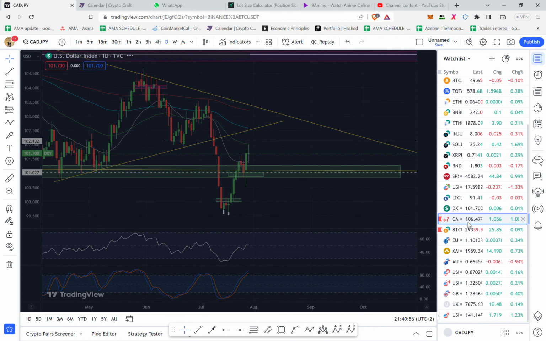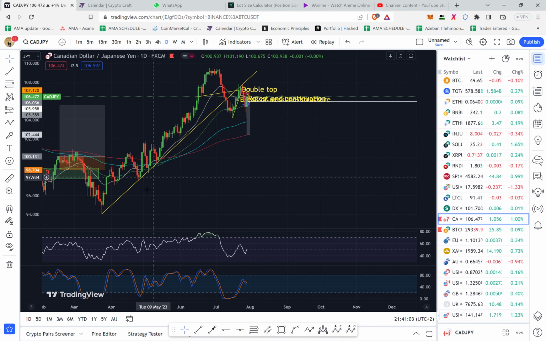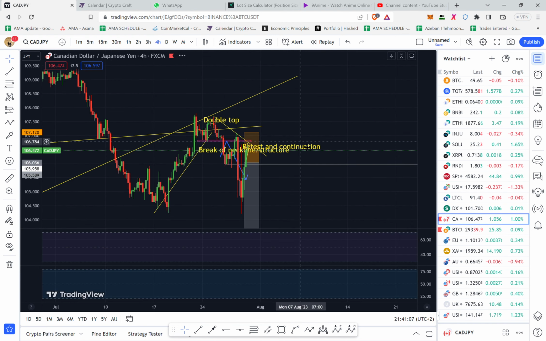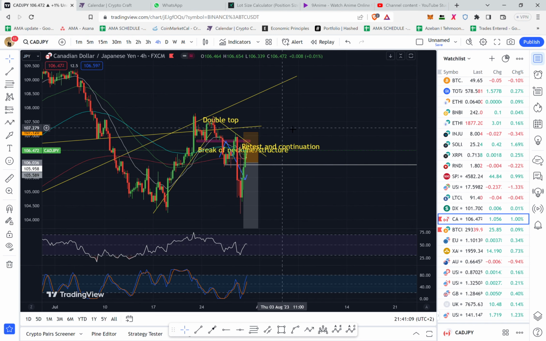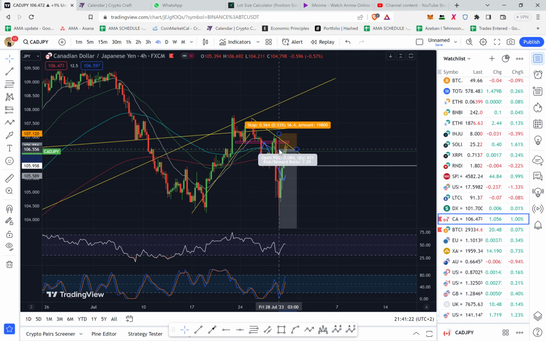Actually, let's look at CADJPY before we end this video. So CADJPY had a break of trend line and a retest. So I'll be entering the trade soon. I'll be entering the trade around this area on the opening week.